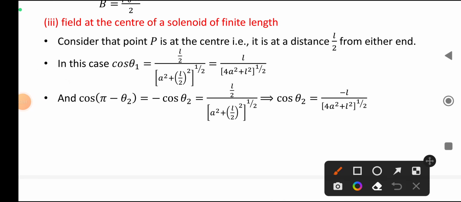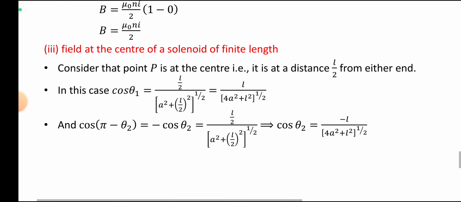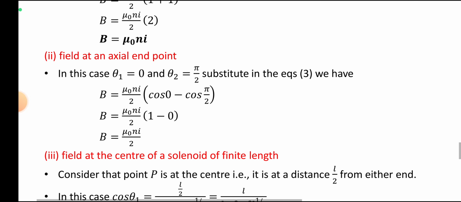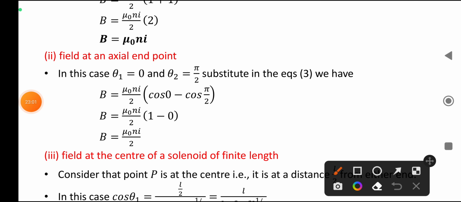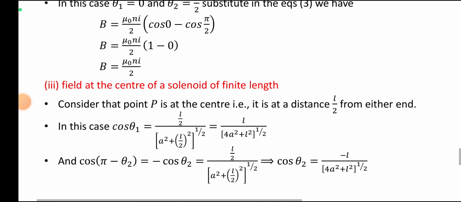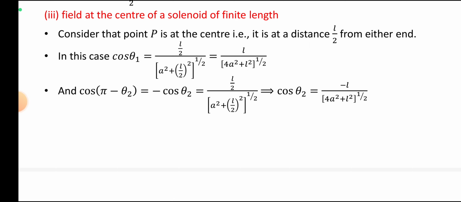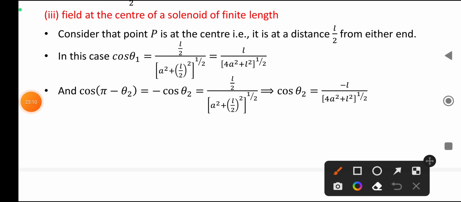Find the field at the center of a solenoid of finite length. Up to the second case we have taken infinite length. Long, I told you, long means up to infinity. But in the third case we have to apply it to finite length only.